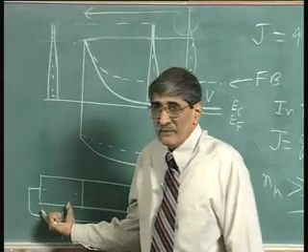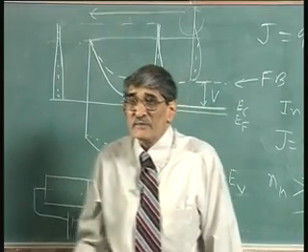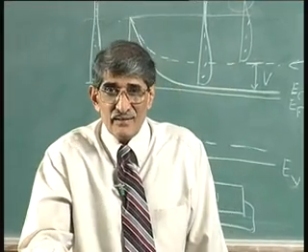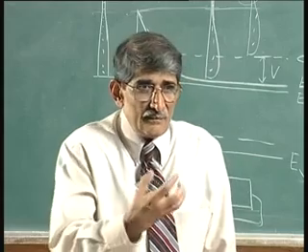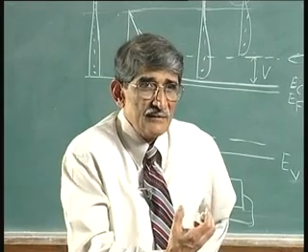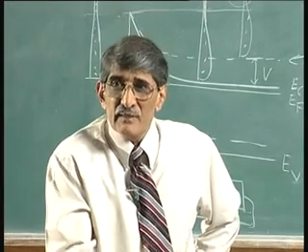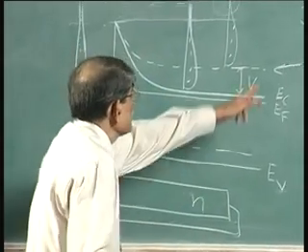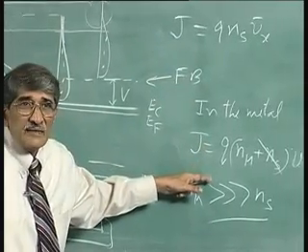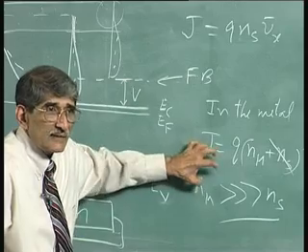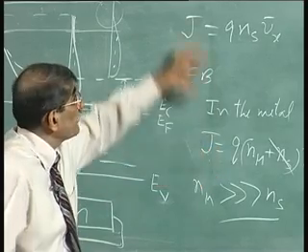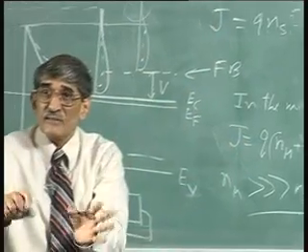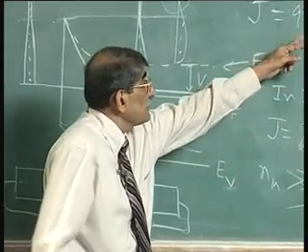Here, very low velocity means V is equal to mu E. So, there is the mobility of electrons in the metal. So, V can be very small, which means a very small electric field will give rise to this current in the metal. A very small electric field in the metal will be able to handle this amount of charges which are injected and remove them away, because it is not only this that is flowing through.